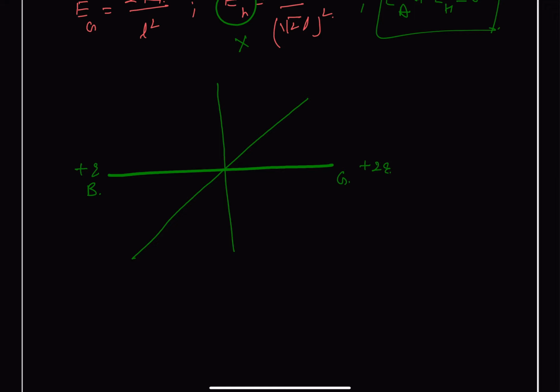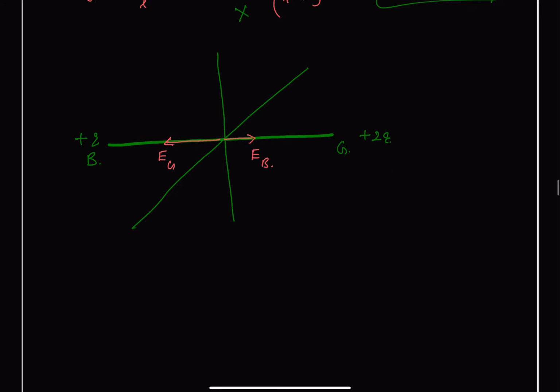So obviously we can just say from here that the electric field due to point G will be higher as compared to the electric field due to B. So from here we can say that, let me write it here, our electric field at G is greater than electric field at B. Therefore we can draw that the net electric field because of this EG and EB will be towards the left side.